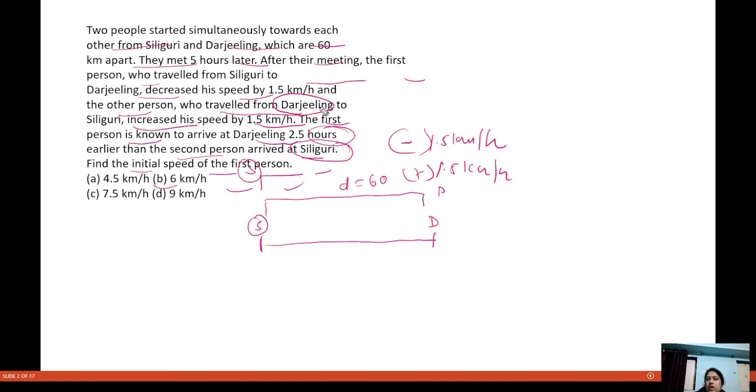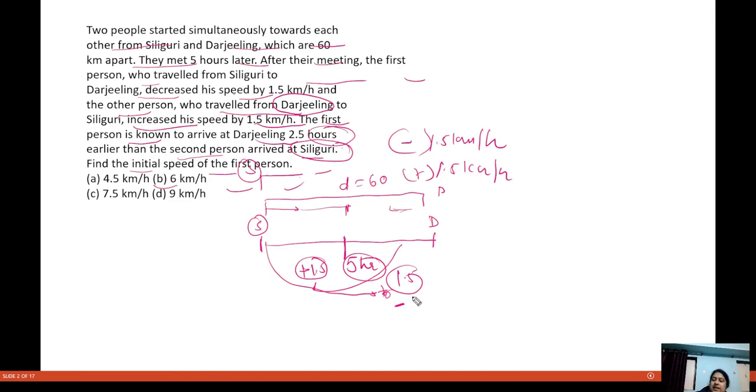See, now what is given in this question is that two people are traveling between Siliguri and Darjeeling. We have been given the distance, and they meet at a point after they have already traveled 5 hours. After that, the Siliguri person is decreasing his speed by 1.5, and the Darjeeling person is increasing his speed by 1.5.